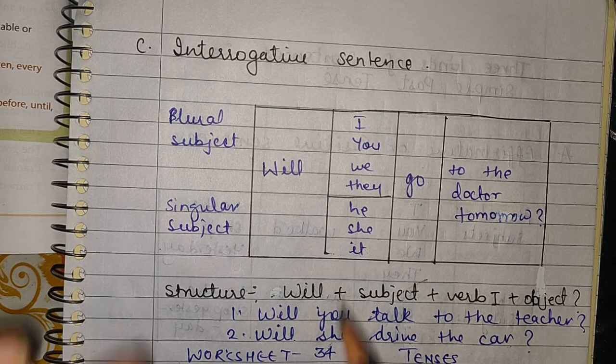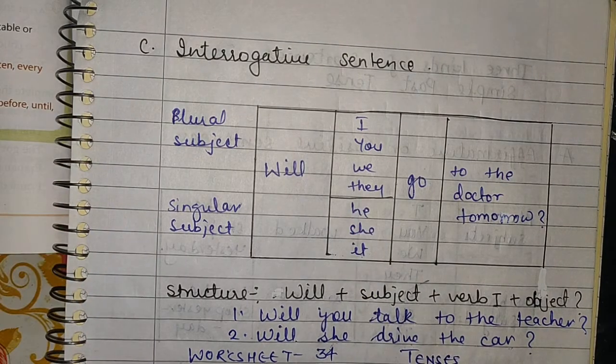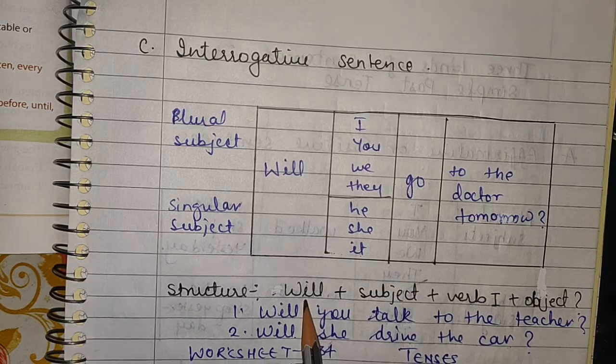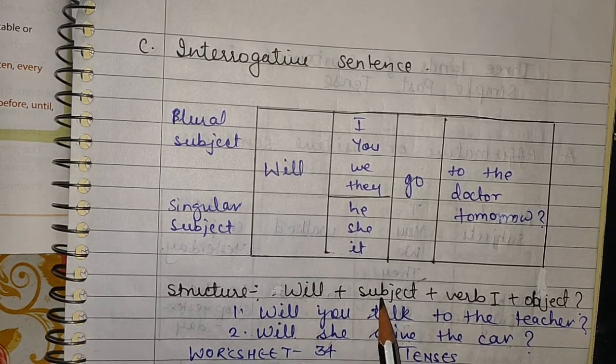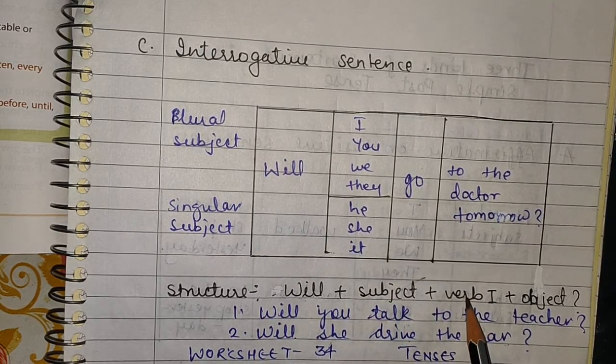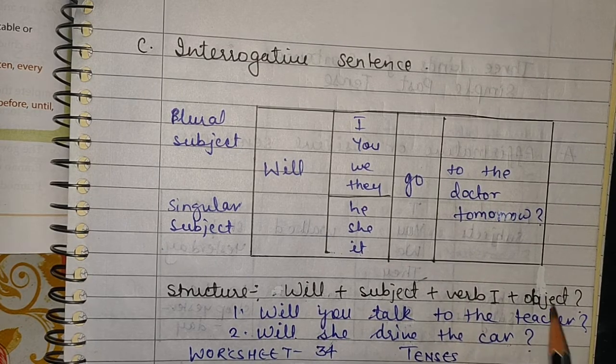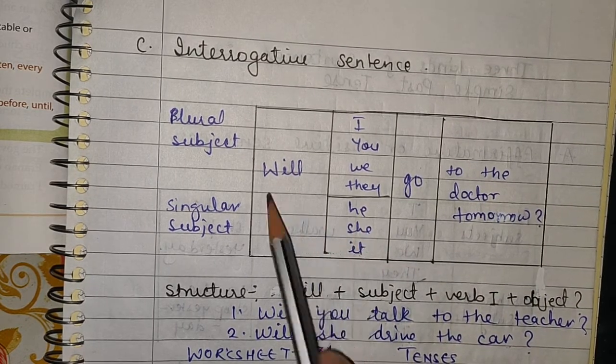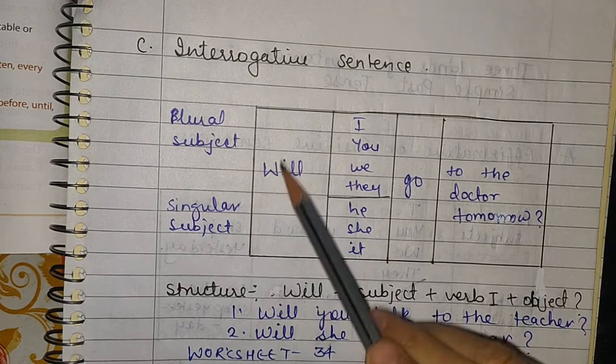Okay, so for the interrogative sentence, what changes will you make in this structure? You will remove not first, and then the second step is to change the position of will and the subject. So will comes in the first position, then the subject, then verb 1 again, and then object. So for singular and plural both, will goes.